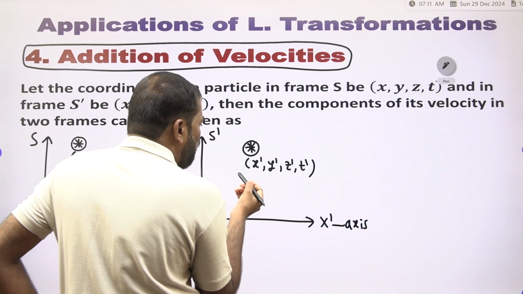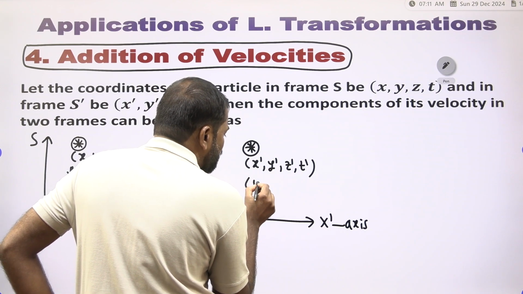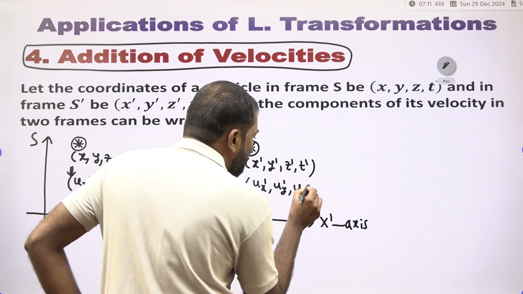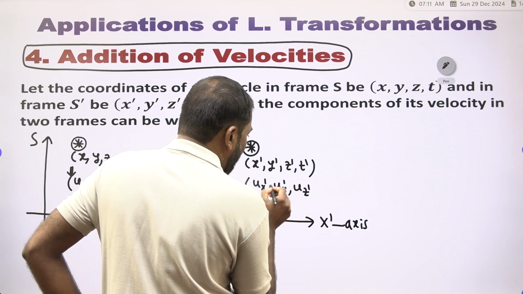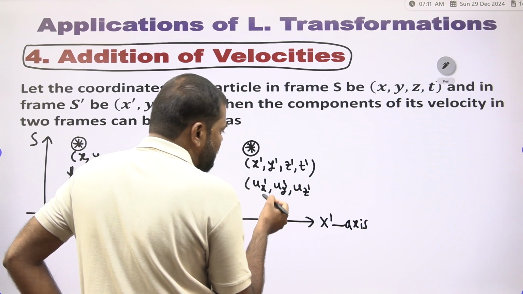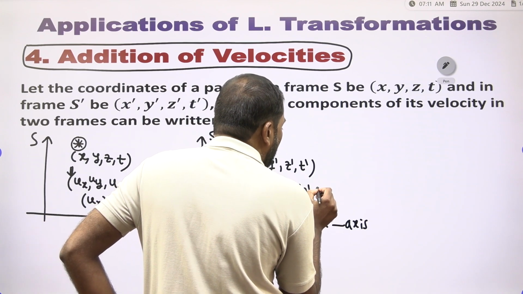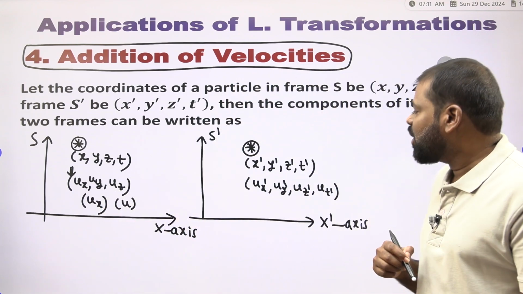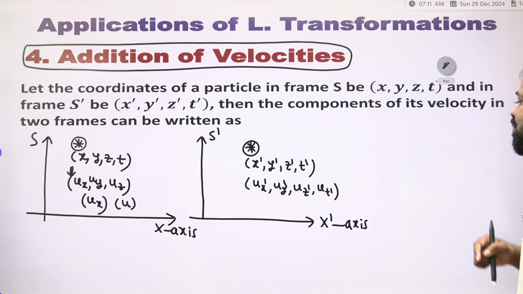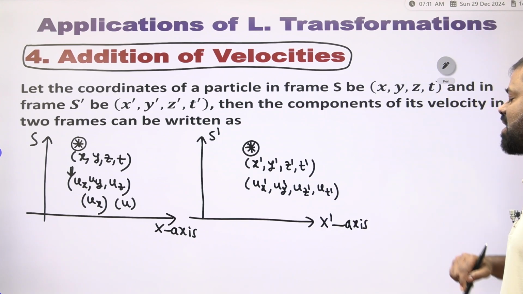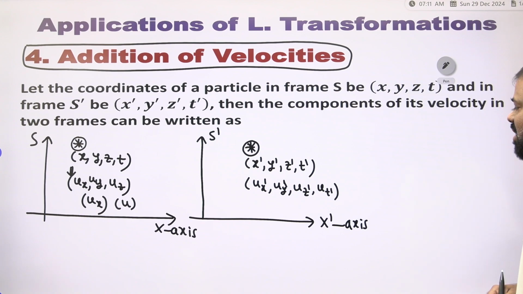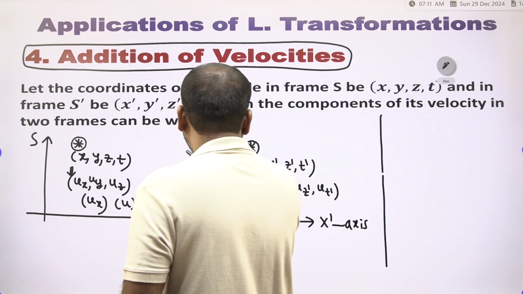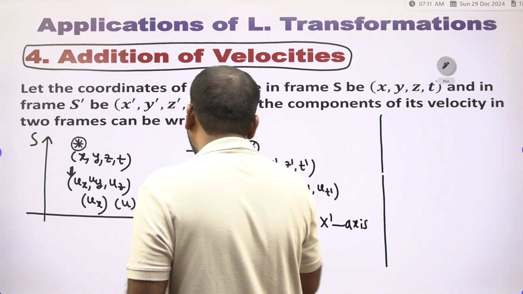Similarly, here we take ux dash, uy dash, uz dash as the velocity components in the S dash frame. How are these related? The S dash frame is moving with velocity v.